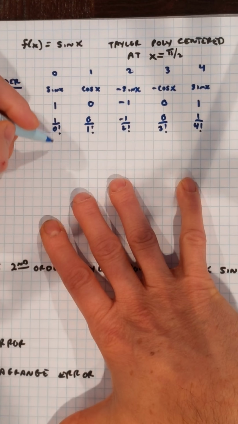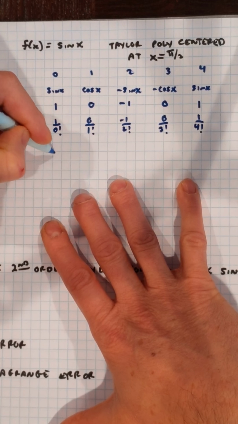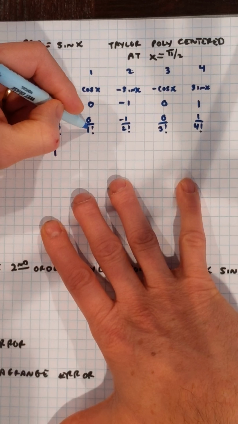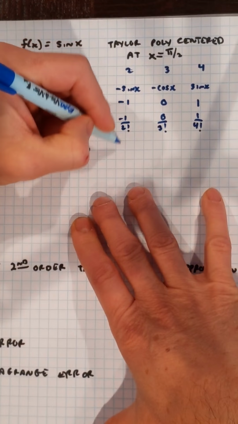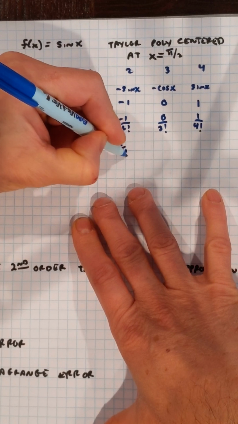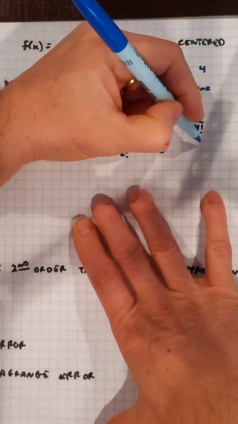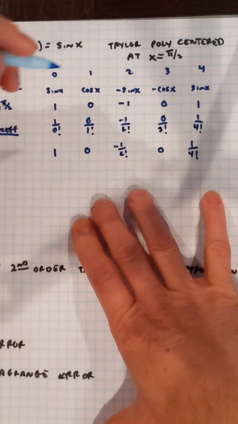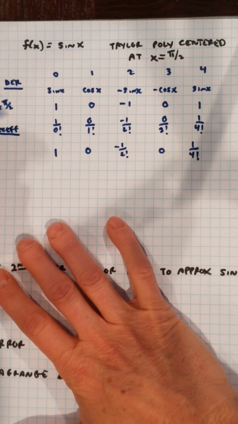To simplify, 0 factorial is defined to be 1, so this is 1. That's 0, so it's going to be a disappearing term. That's negative 1 over 2 factorial, and I'm going to leave the factorial there. Then 0, then 1 over 4 factorial. Those are my coefficients. Now let's write the polynomial.